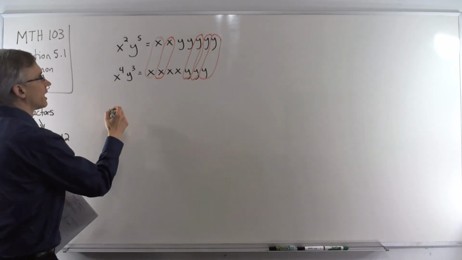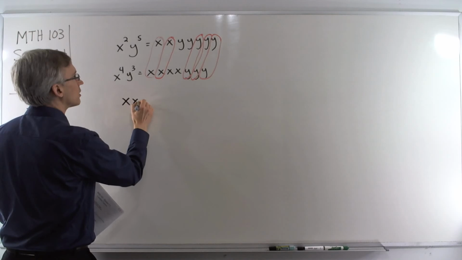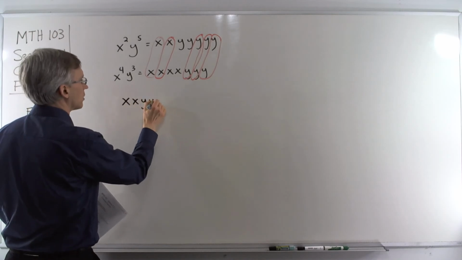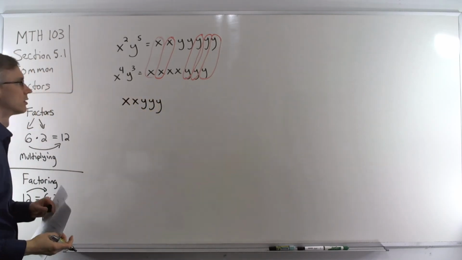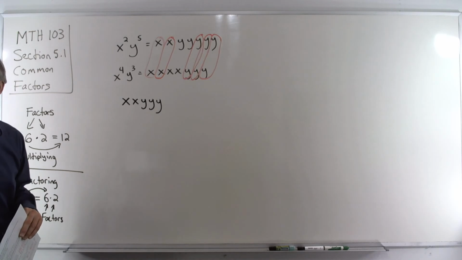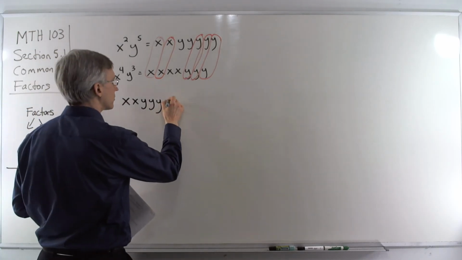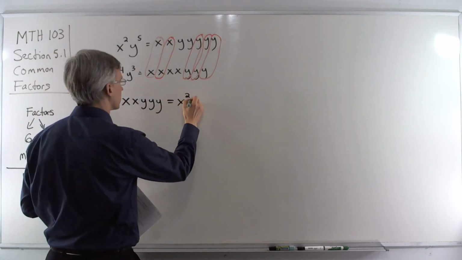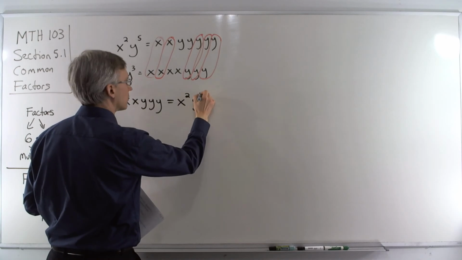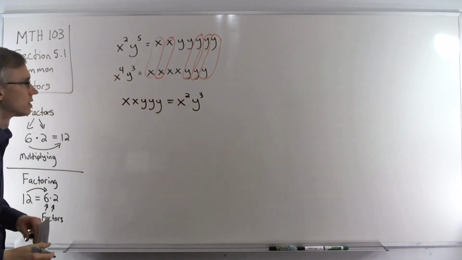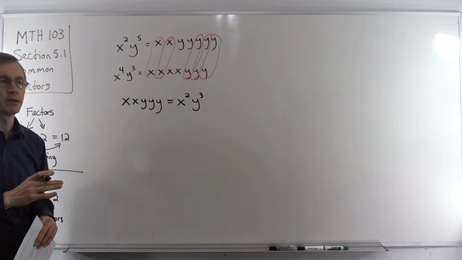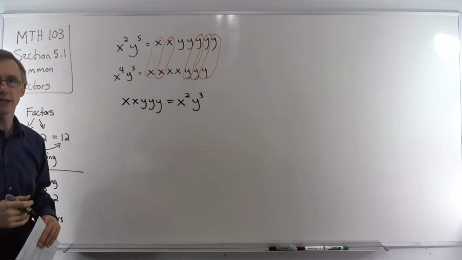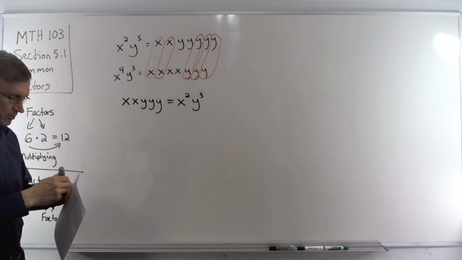So I'm just going to write those out, and then write it back in exponential form. So those are all the things that they have in common. So that is the greatest common factor of those two monomials.